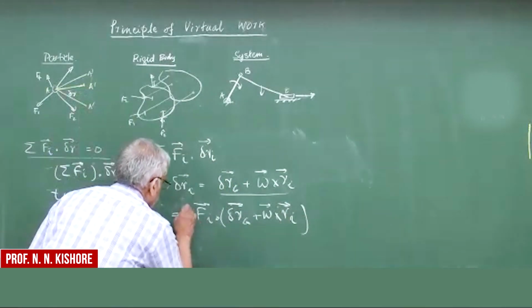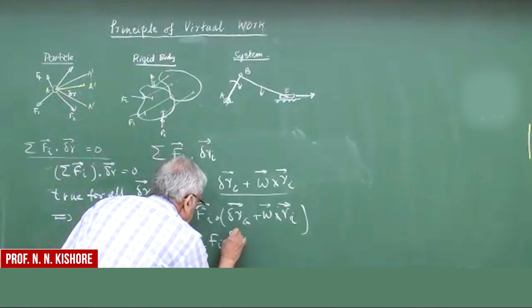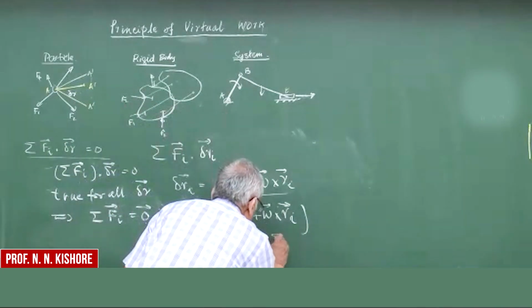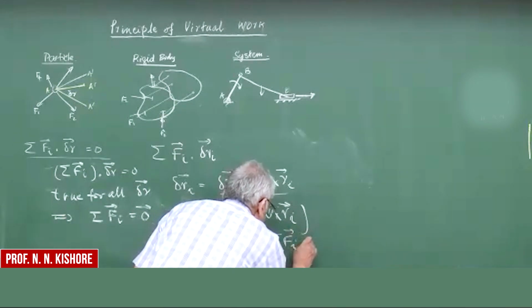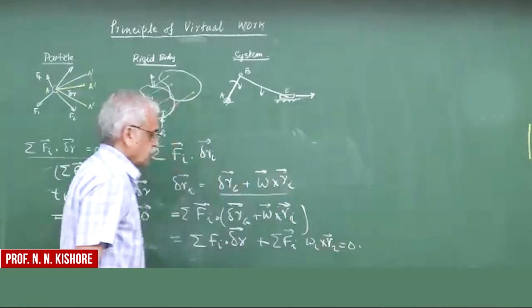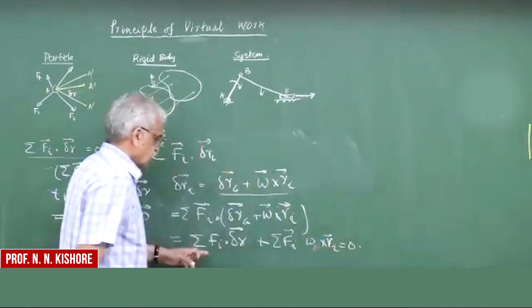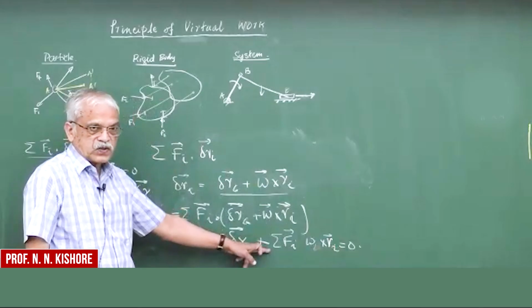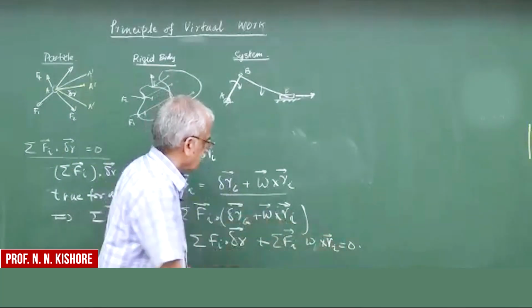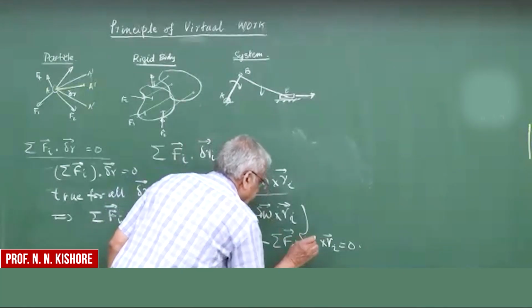Which we can put as, interestingly here, if this has to be 0, then since these are all arbitrary, in fact this is even a small rotation delta omega.